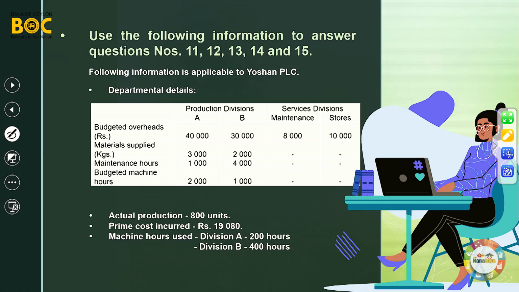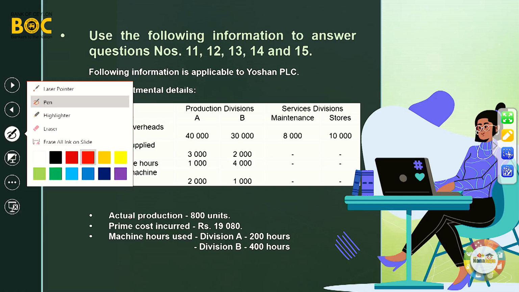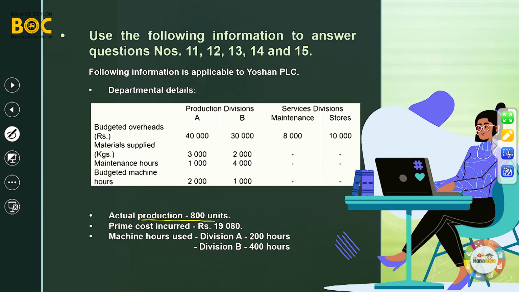The material supplied in kilograms is 3000 and 2000, along with maintenance hours and budgeted machine hours. The actual production is 800 units. The prime cost incurred is 19,080. The machine hours used: division A 200 hours and division B 400 hours.